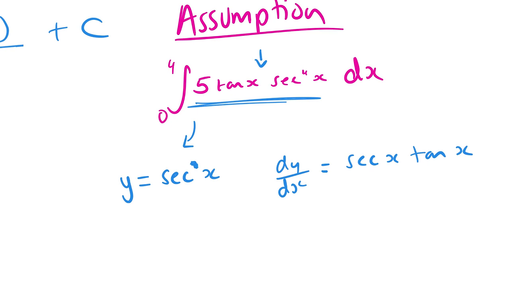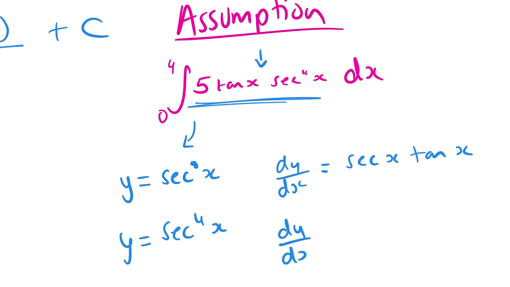So surely then sec to the power of 4, I could say, right, well then does sec to the power of 4x, let y equal that. What do I get here? What is sec to the power of 4x?